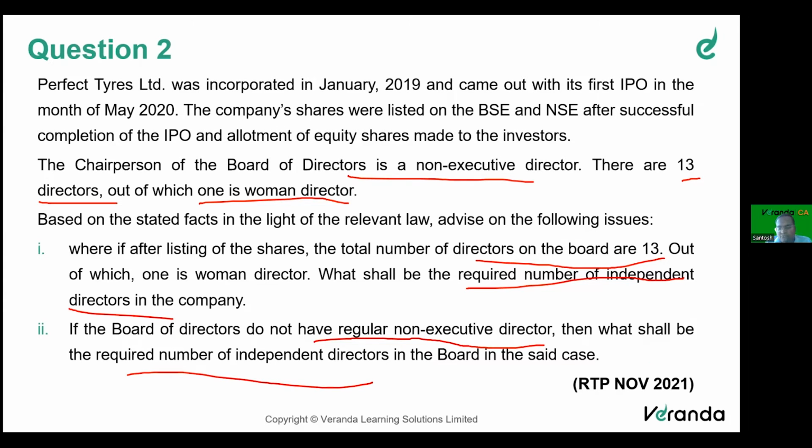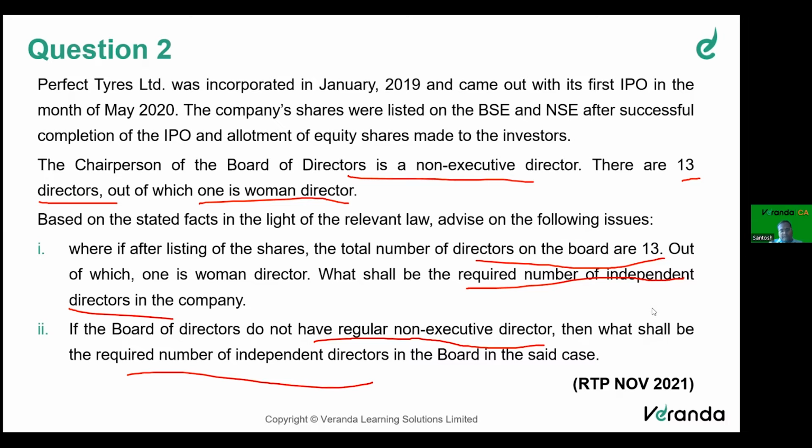So now we are very clear in terms of the two questions, the two scenarios that they have given. One scenario is, there are 13 directors. Out of the 13 directors, one is a non-executive director, but they have still gone about giving two different scenarios.